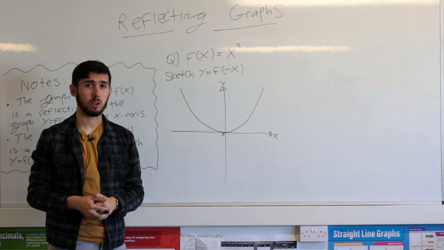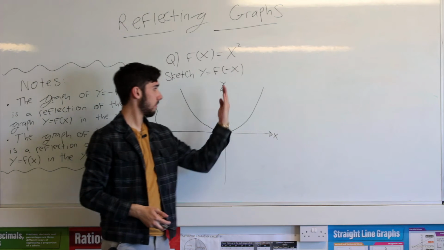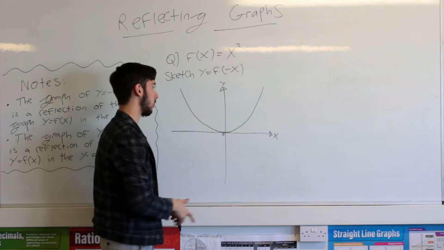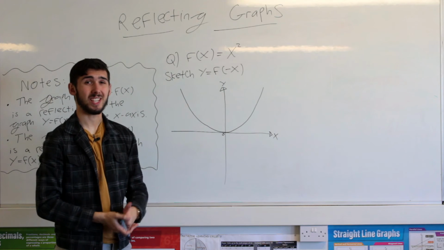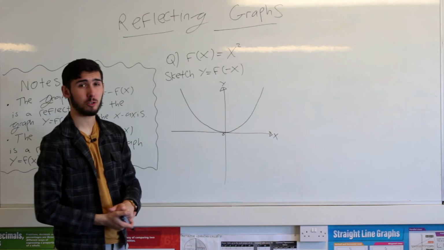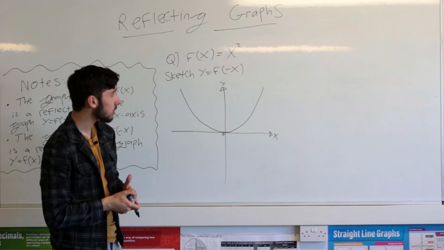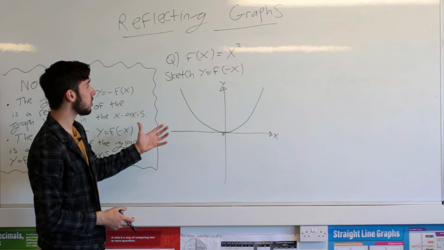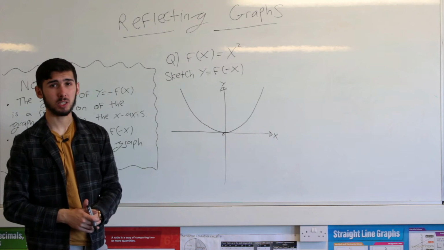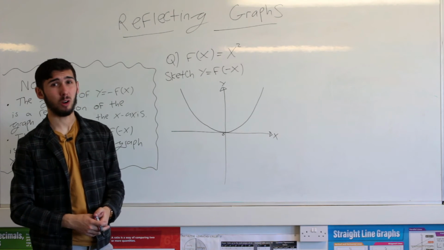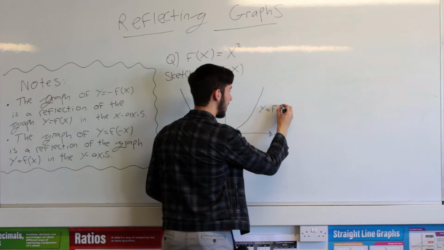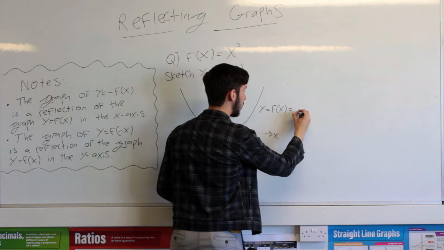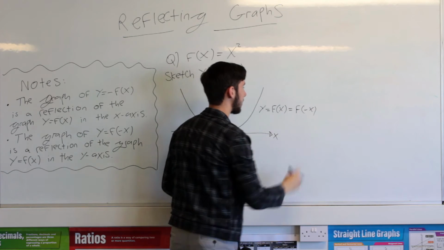Something really weird happens though, about this line of symmetry on the y-axis, just like this. It's literally symmetrical about the y-axis, which means, I'll just tell you now, if you sketch y equals f of minus x, it is the same graph. This is the graph y equals f of x equals f of minus x.